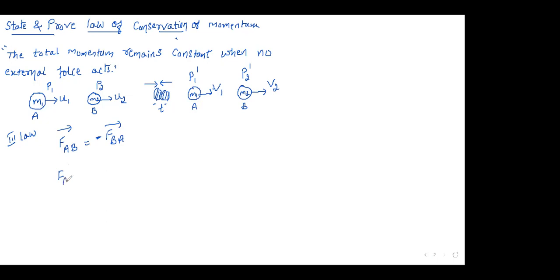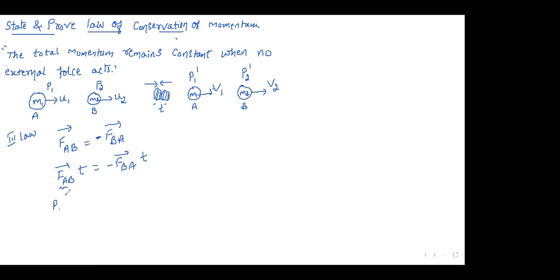This can also be multiplied by time on both sides: F_AB into t equals minus F_BA into t. Force into time is nothing but impulse. This is the force acting on the body A. So impulse is nothing but the change in momentum.